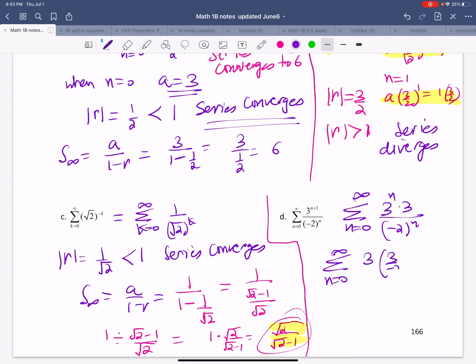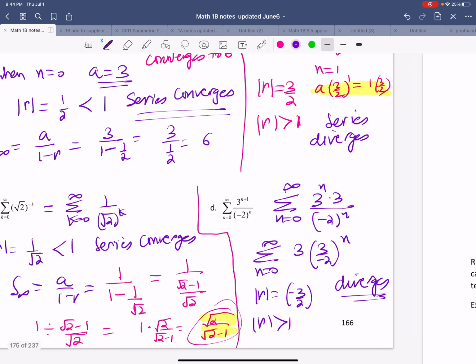So it would be 3 times negative 3 over 2 to the power n. We can just rearrange it. Now my common ratio r here is negative 3 over 2. And the absolute value of r is greater than 1 actually. The absolute value of r, not just the r. We're looking for the absolute value of r being greater than 1. That means this series diverges. If the absolute value of r is greater than 1, then the series diverges and we are not able to find the sum of such a series.